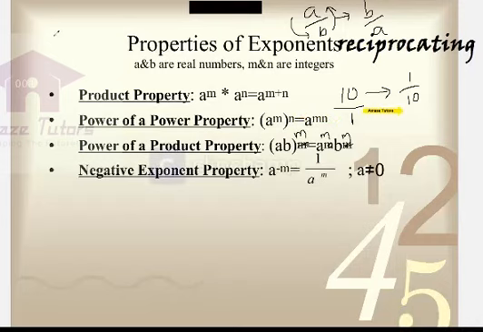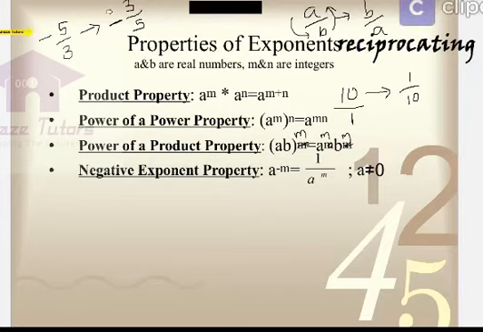In the same manner, if you are reciprocating a negative number, negative 5 by 3, keep the negative with the reciprocal. You are not changing or neglecting the negative sign. You are simply switching the numerator and denominator only. Kindly remember this: even after reciprocating, the negative should remain.